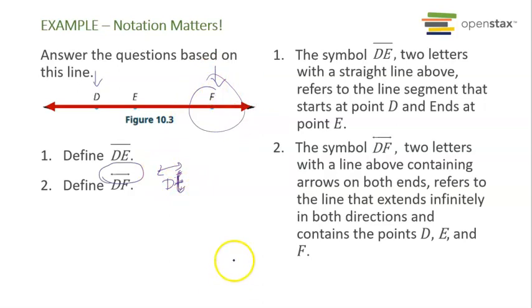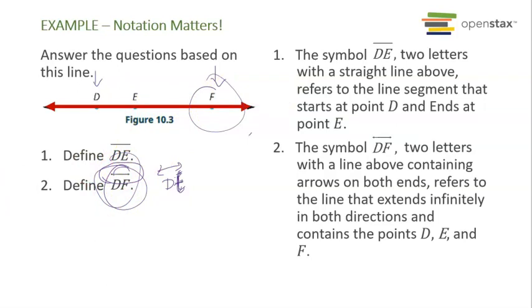It's not technically wrong. It's just a more accurate way to describe it because F is further along than E on this. And so DF would include all of these points, even though the E is not listed in this one, it's wedged in between.